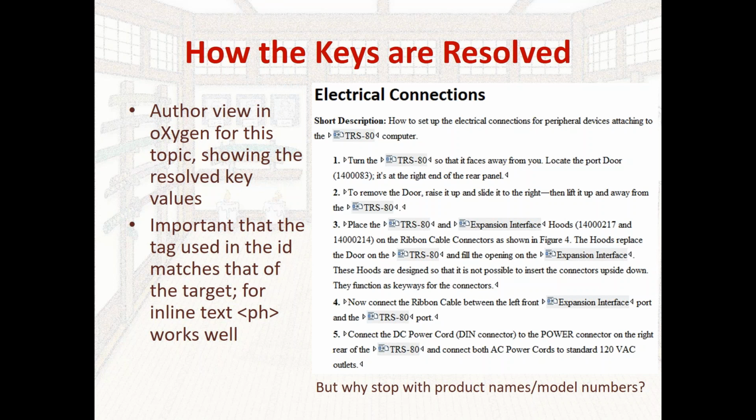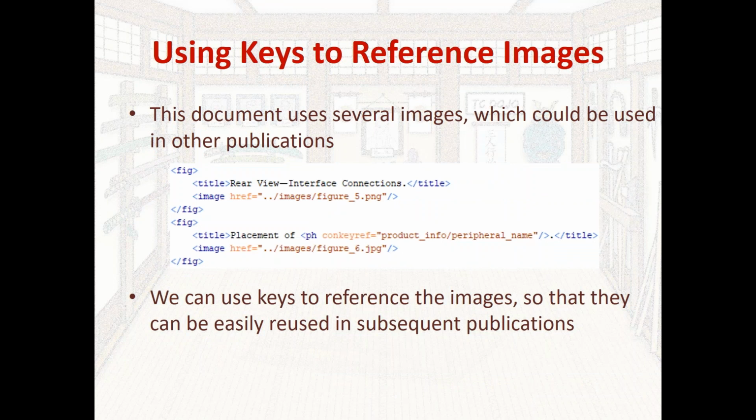So that is looking at one fairly basic level of abstraction. But hey, why stop there? Why stop with just product names and model numbers? You can also use keys to reference things like images. This particular document has a whole bunch of images which could be used in other publications.